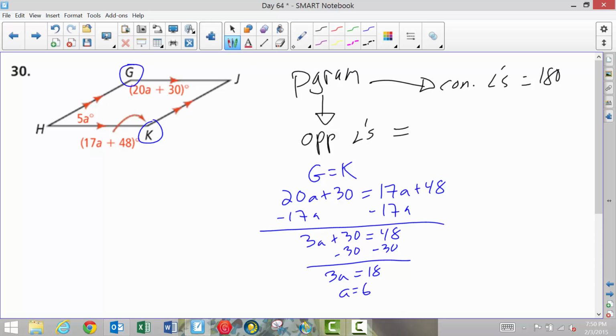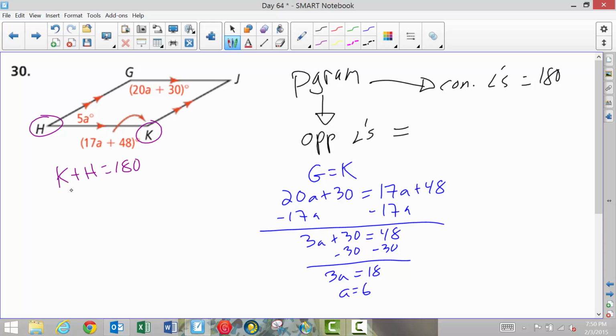Now with consecutive angles, I know that consecutive angles here in purple, that I'm going to circle, I know that K and H. So I know K plus H is going to equal 180.